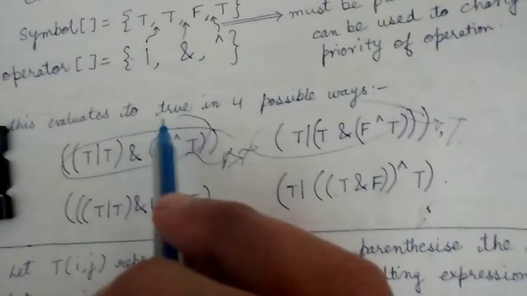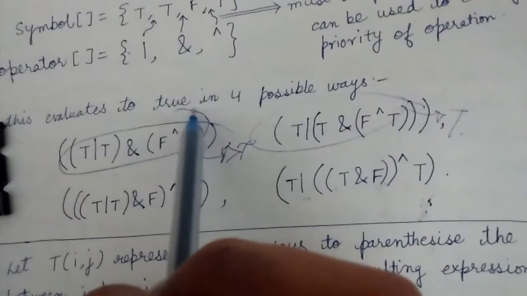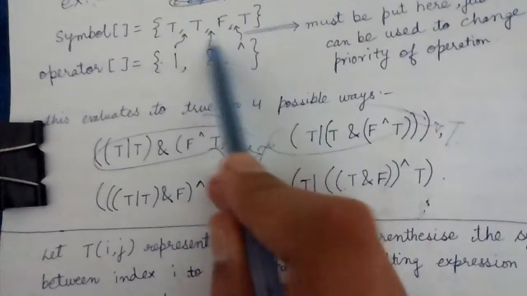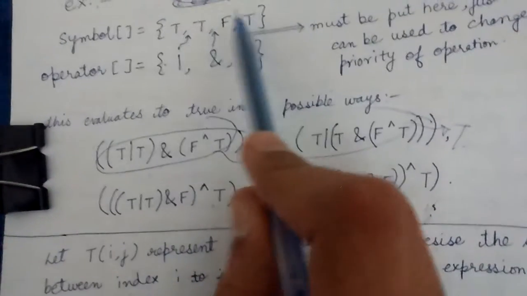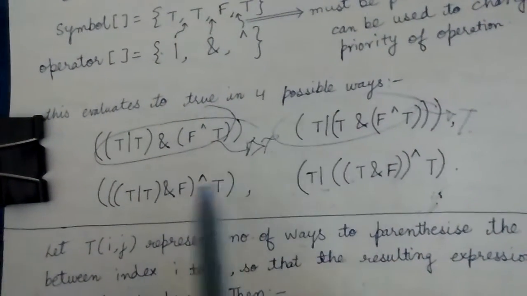Our aim is to count those placings of the brackets which result in a final value of true. So this expression, which is represented by these two arrays, evaluates to true in four possible ways: this one, this one, this one, this one.